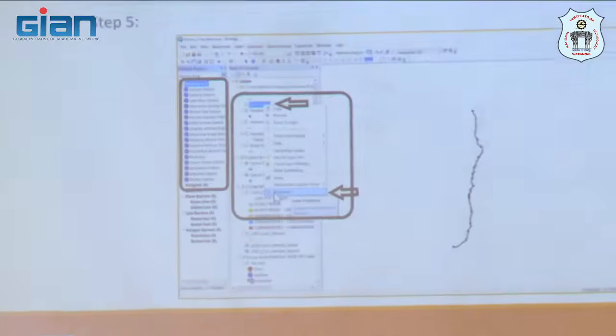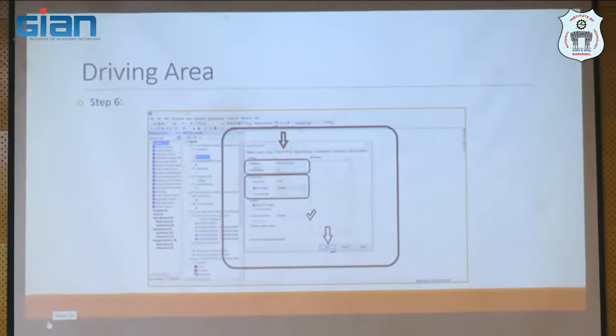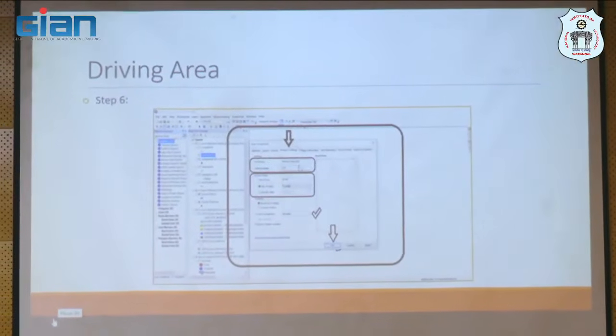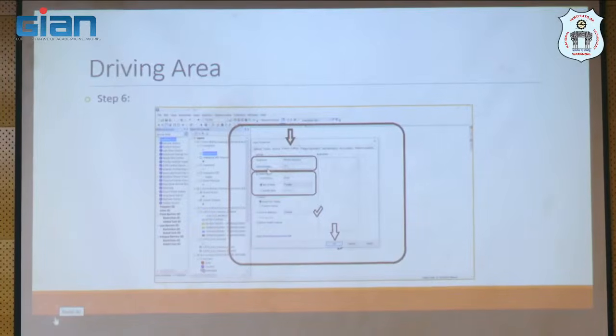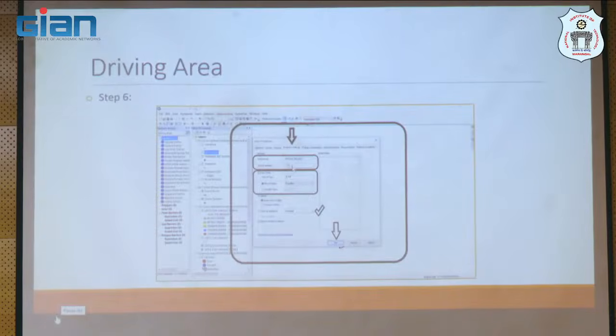We have to edit the properties of the service area. So go to properties and you have to provide the impedance. Impedance will be the minutes. Then you have to provide the default break. You have to put 10 minutes as the distance.